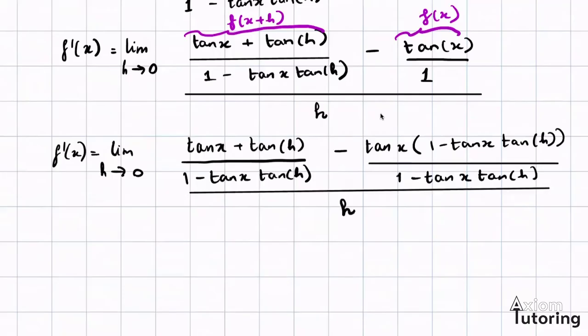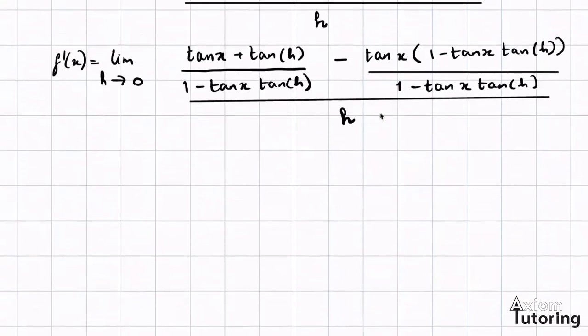all over h. So now, because the denominators are the same for these two fractions, we can combine the numerators. So if I do that first, that means I'm combining tan x plus tan h and taking away tan x times 1 minus tan x tan h.